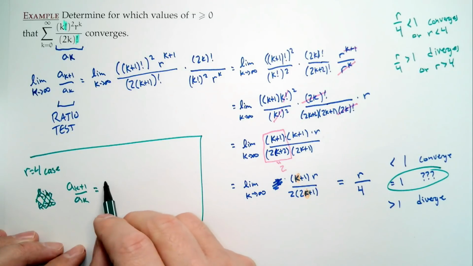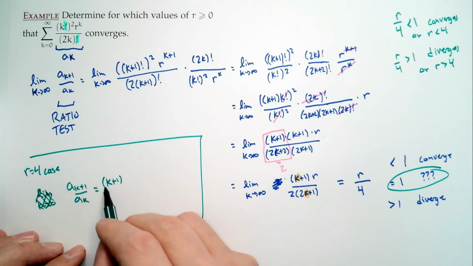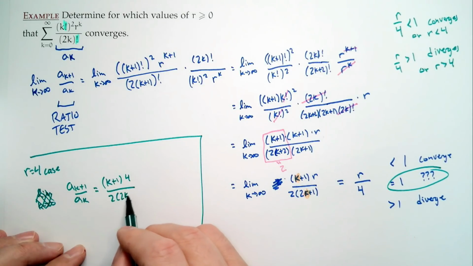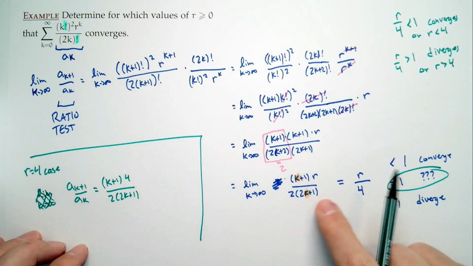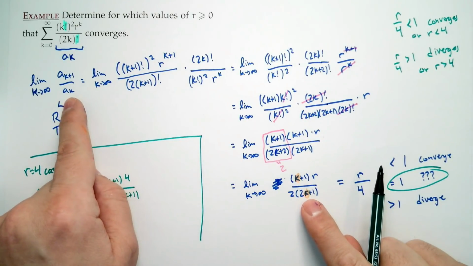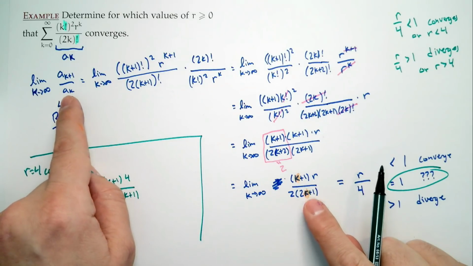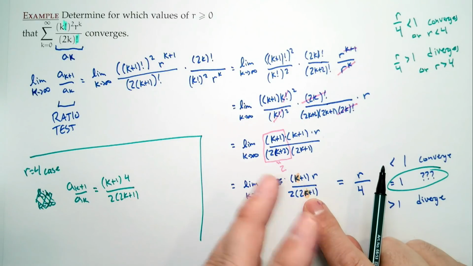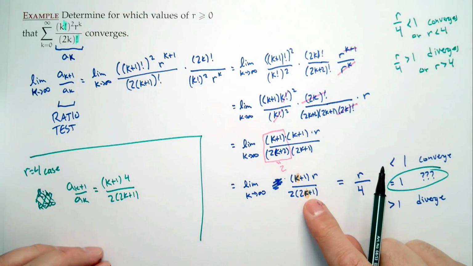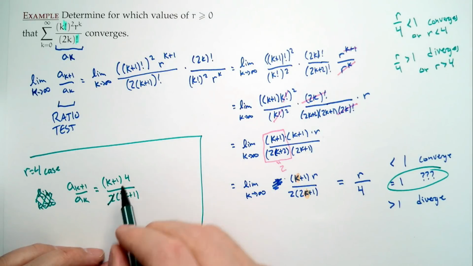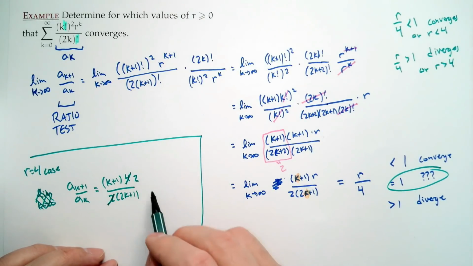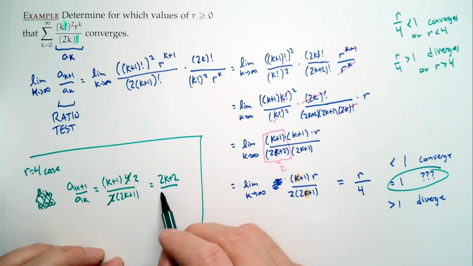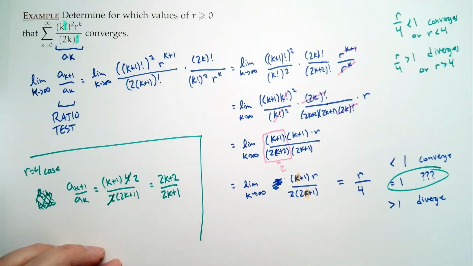That's equal to k plus 1 times 4 over 2 times 2k plus 1. Why? Because that's what a_{k+1} over a_k is. See, the only thing we've done from there to there is just simplifying the expression. We haven't added or taken away anything. Now the 2 goes into the 4, leaving us with the 2 upstairs. So that's 2k plus 2 over 2k plus 1.